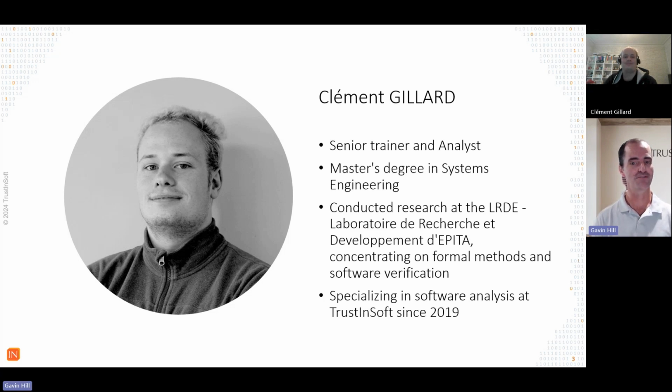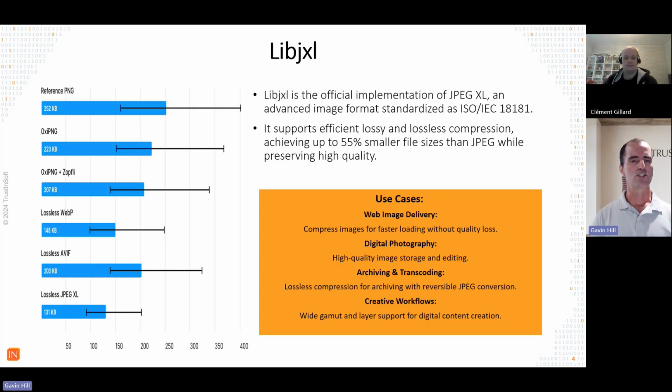Like I said, a little bit of a different session where we're mainly focusing on fuzzing. Today we're going to be showing some fuzzing capabilities on Libjxl. If you're not familiar with what Libjxl is, it is used for compression of images.